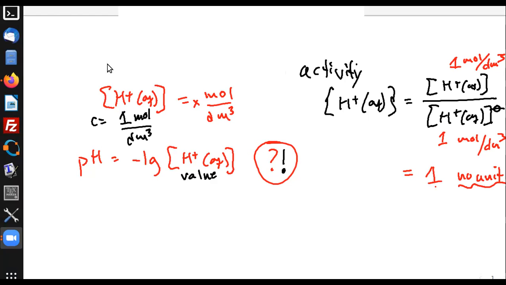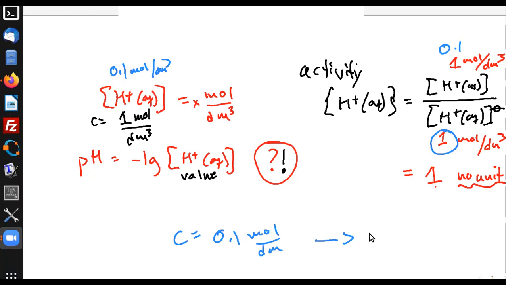With another, say it's 0.1 moles per cubic decimeter, then we use 0.1, but we still use 1. So if the concentration is 0.1 moles per cubic decimeter, the activity of that concentration is 0.1.